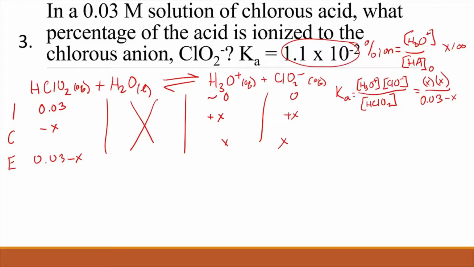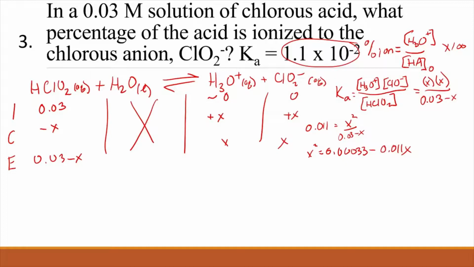Okay, so now we need to do some algebra. So we know Ka, I'm just going to rewrite it like this, 0.11 is equal to X squared over 0.03 minus X. Multiply both sides by 0.03 minus X, and so you get that X squared is equal to 0.00033 minus 0.011x.